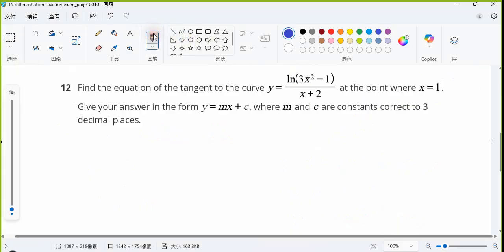Question number 12. Equation of tangent to the curve at point x equal to 1. Give your answer in the gradient form y equals mx plus c, correct to 3 decimal places. So we have u over v.